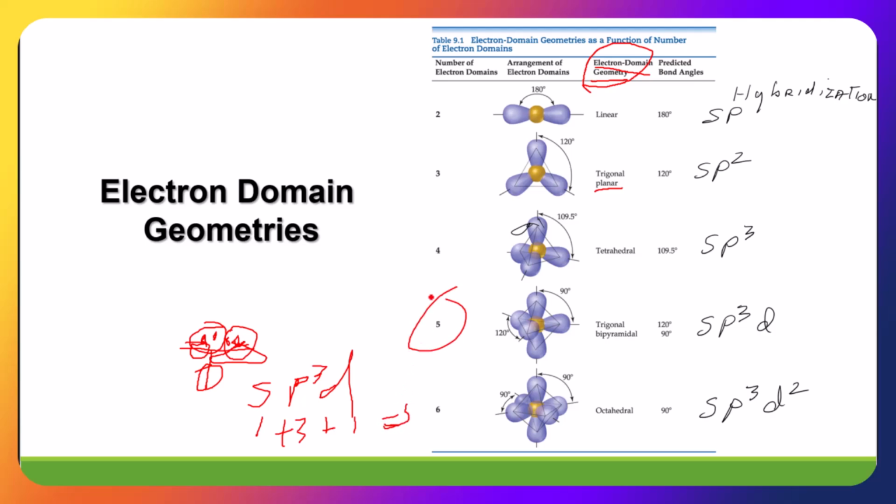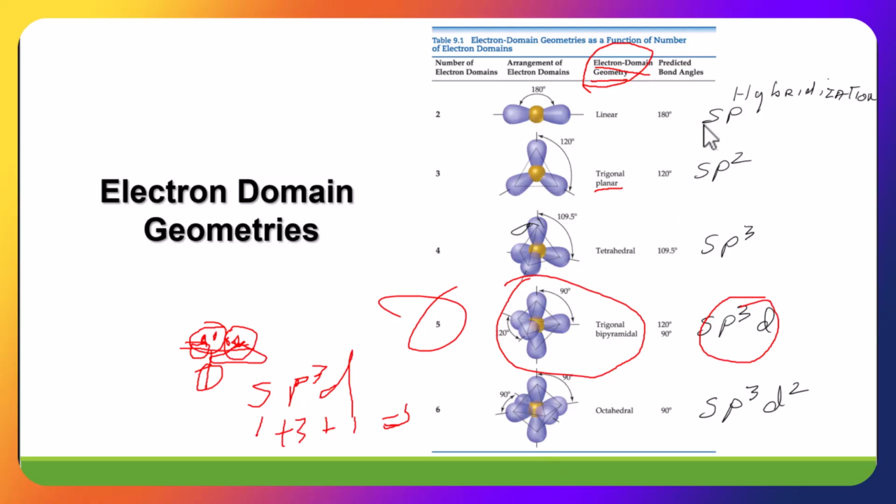So 5 is trigonal bipyramidal, 120 and 90-degree bond angles, and sp3d hybridization. All right, so that's the key to figuring this stuff out: count the electron domains.